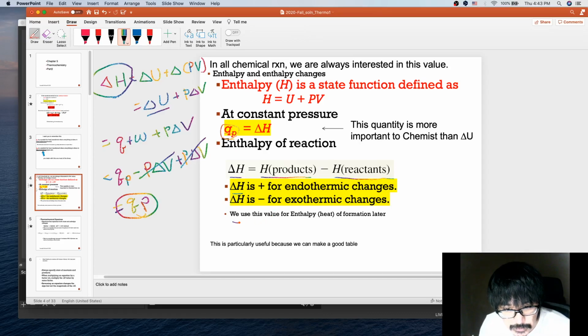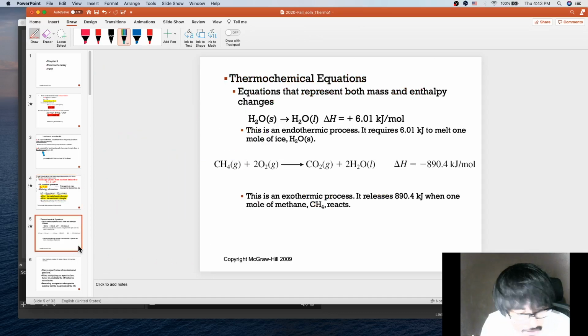So right now we don't really talk about this enthalpy that much, but let me try the next slide, which may have a little bit more information.